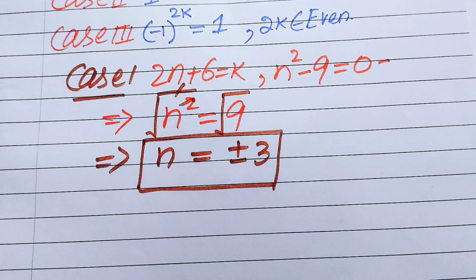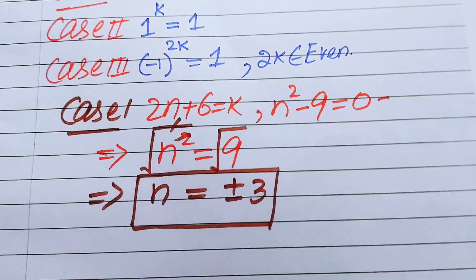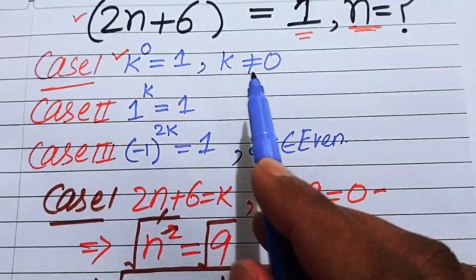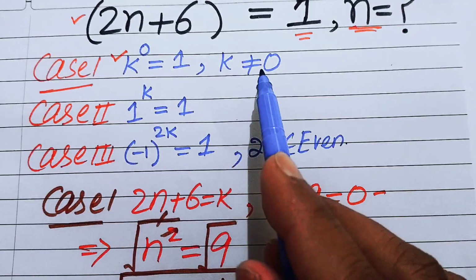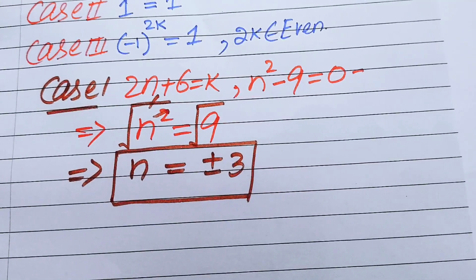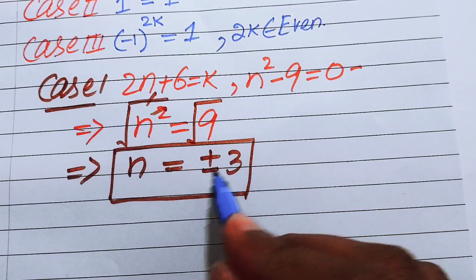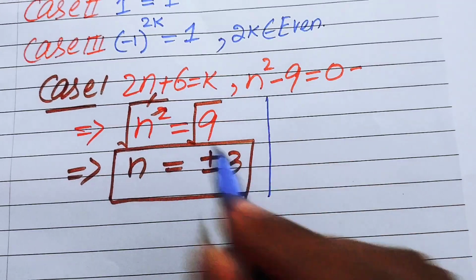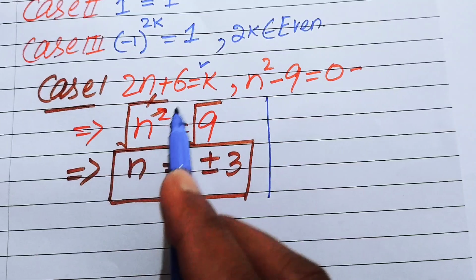Before moving to the second case, we first discuss case number 1. In case number 1, we write that the condition is k is not equal to 0. So now we first find the value of k and check that it is not equal to 0. When we put the value of n in this equation, we get the value of k.